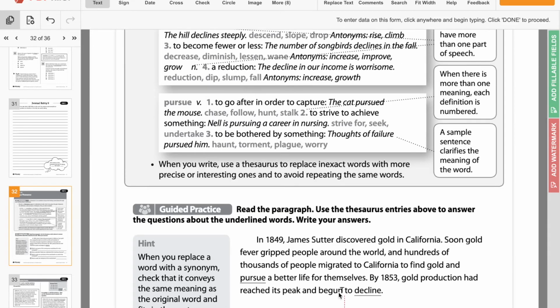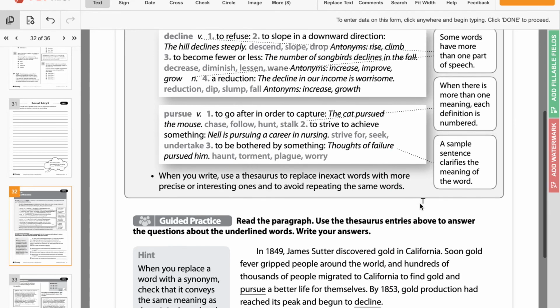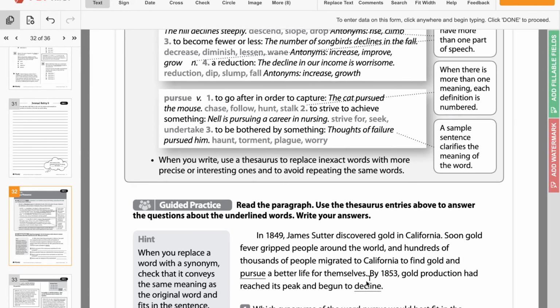Are people beginning to refuse gold? Is that what it's talking about? No. So definition 1 is not correct. Number 2, to slope in a downward direction. The hill declines steeply. Is it talking about something physically going in a downward direction?